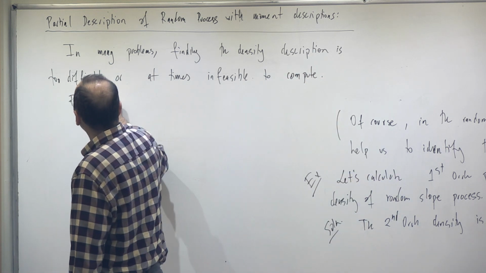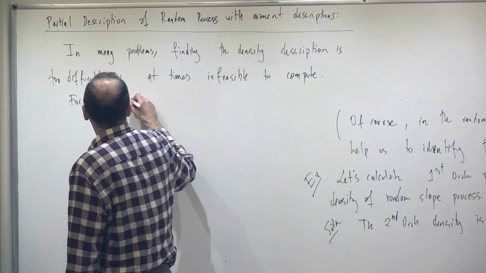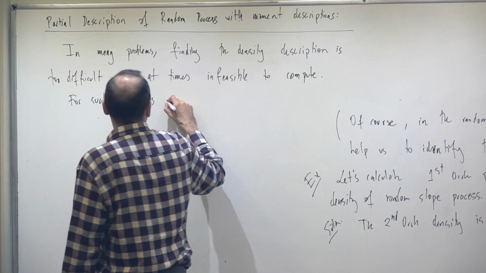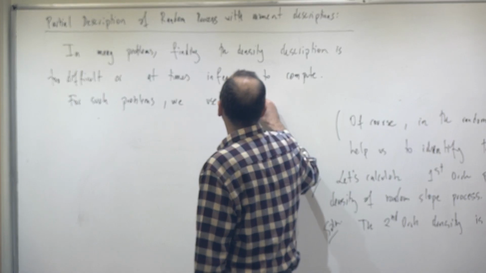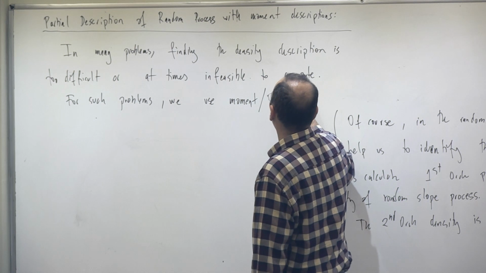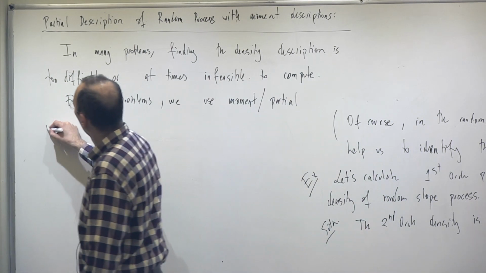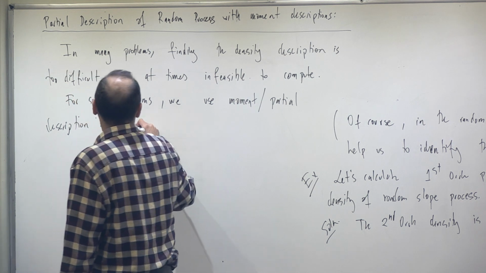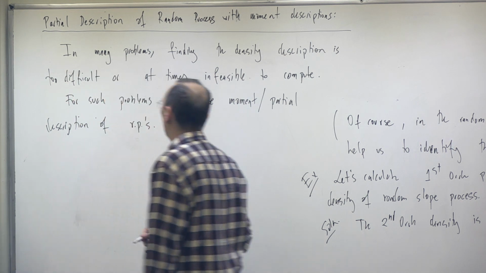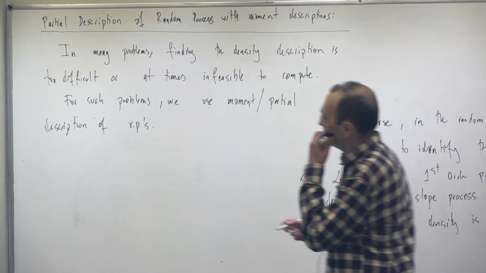For such problems, we use moment, or this is also called partial description, partial description of random processes. So what do I mean by this?